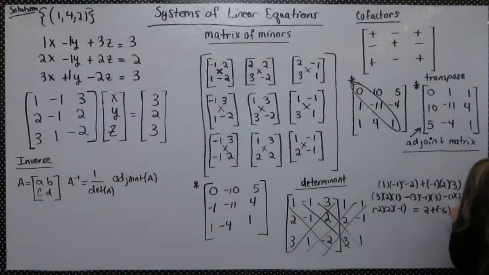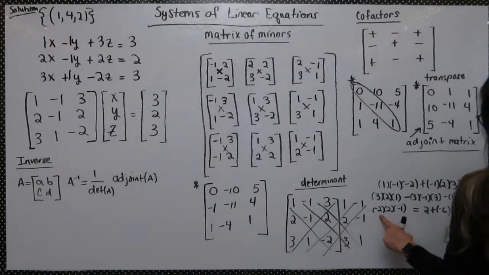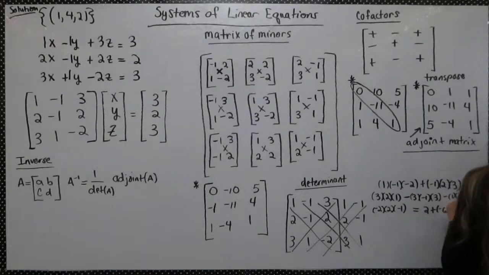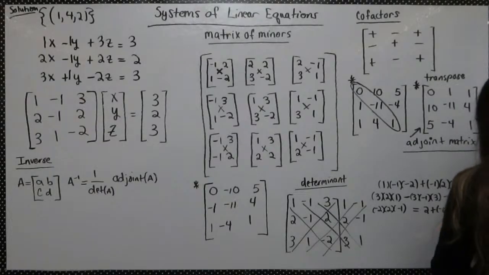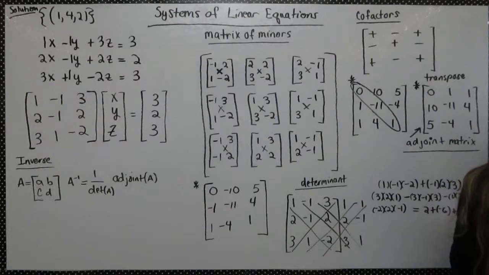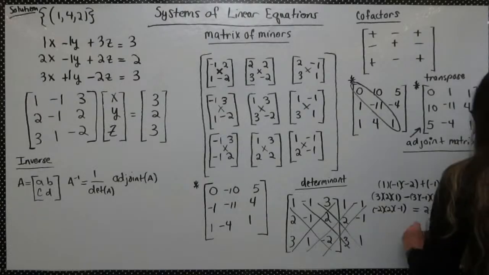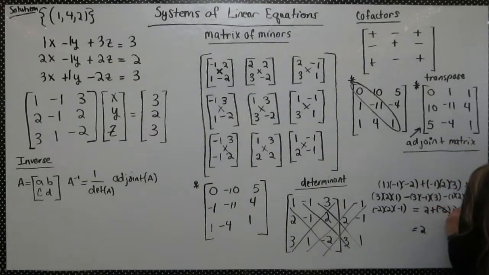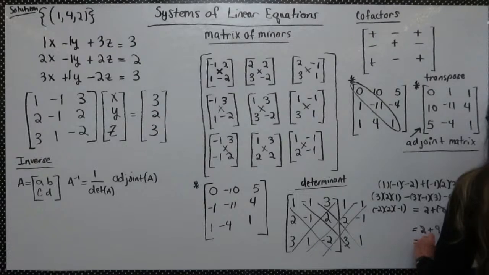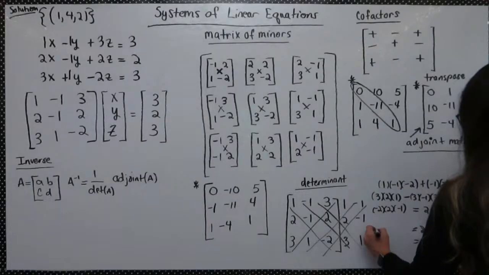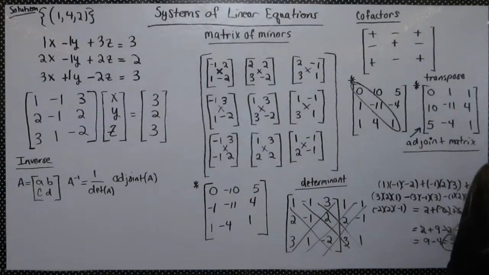Then 1 times 2 times 1 is 2, and it's a negative, so that's -2. Then 2 times 2 is 4, times -1 is negative, and it becomes negative again, so we've got -2 and -4. So this is 2 plus 6 minus 6 plus 9 minus 2 minus 4. Those will cancel, and you've got 9 minus 4 equals 5. So the determinant is 5. We'll star that.